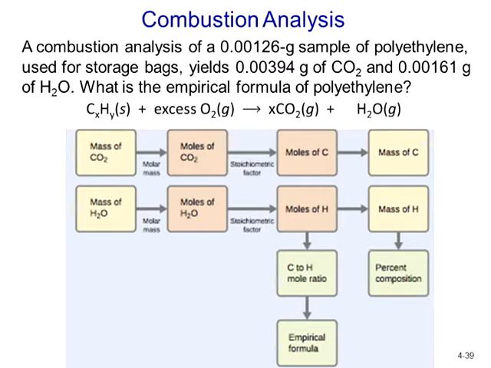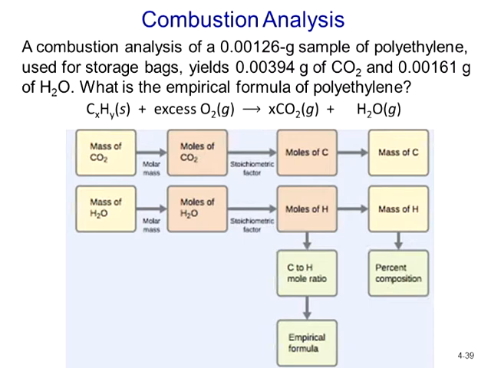What is the empirical formula of polyethylene? The reaction sequence is shown here, and the equation is unbalanced. Balancing the equation to carry out the combustion analysis in the furnace is not required. However, at the end of the analysis, you can actually go back and balance this equation as well.